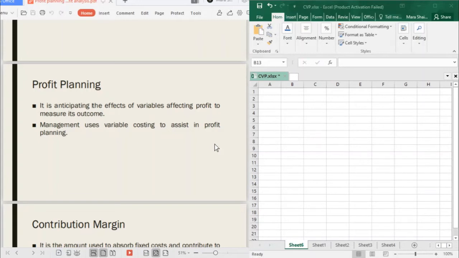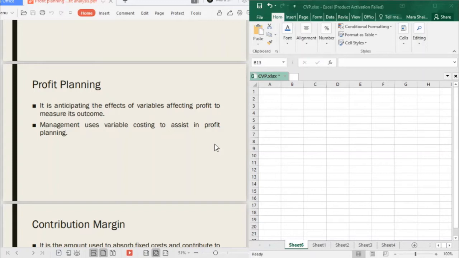Now, in profit planning, management uses the variable costing system, also known as the marginal costing system, or the contribution margin approach. Those are different terms that all refer to the variable costing system.